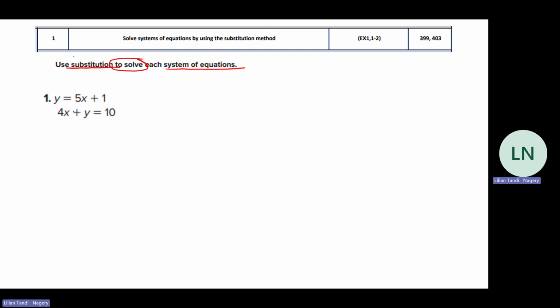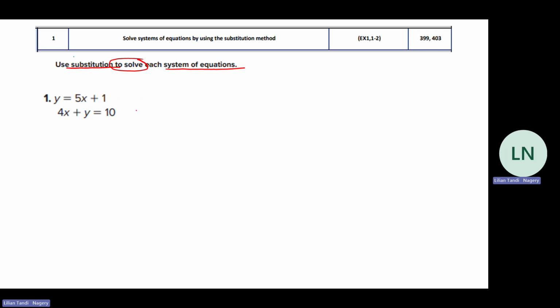According to this question, my system, which is this, has two equations. This is equation 1, this is equation 2. As you can see, this equation is starting with a variable. So this will be the best equation for me to substitute in the second equation.